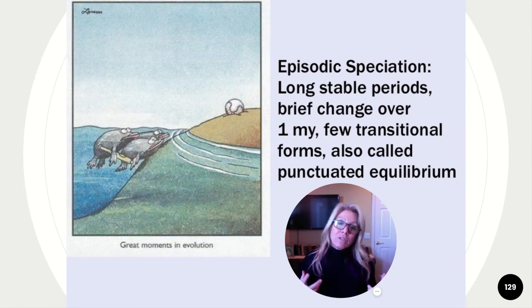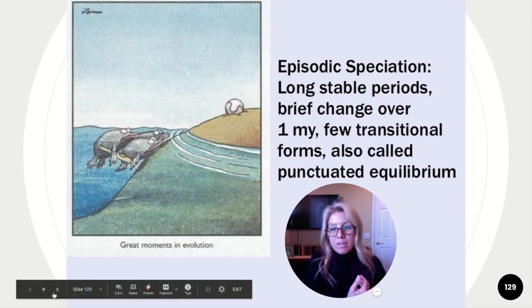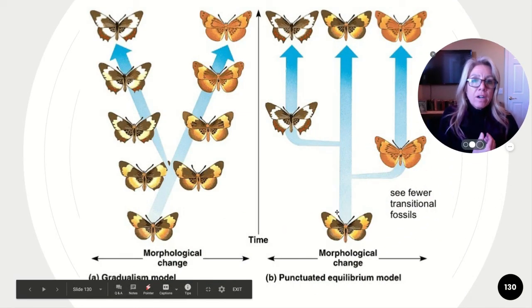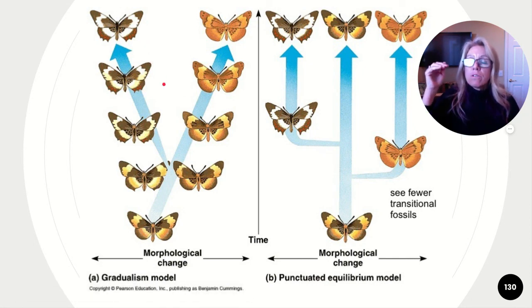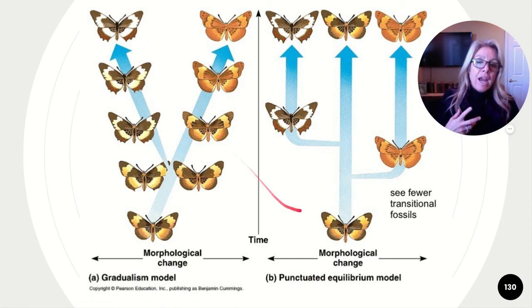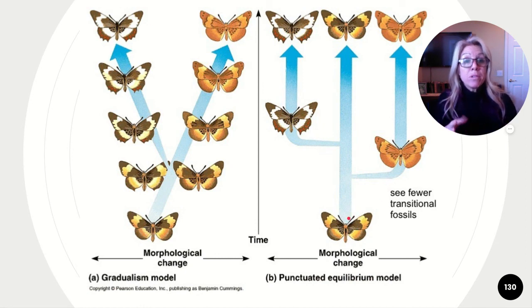And there's the gradualistic model, which means it takes place over longer amounts of time. So here we can see the gradual model, gradualism. It's slowly accruing differences, and at some point, there's no longer interbreeding. And punctuated equilibrium is where there was some fast or rapid mutation that caused that reproductive isolation.